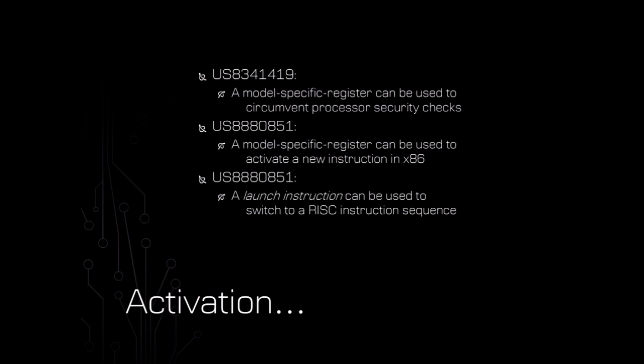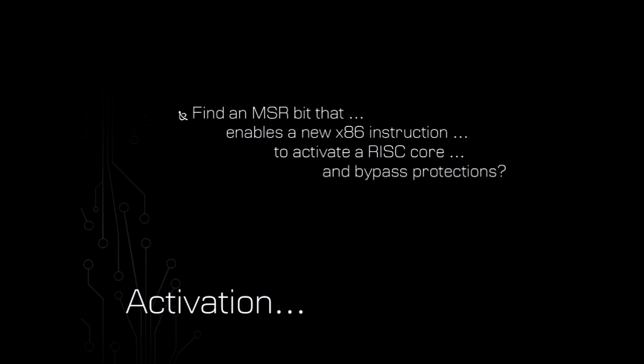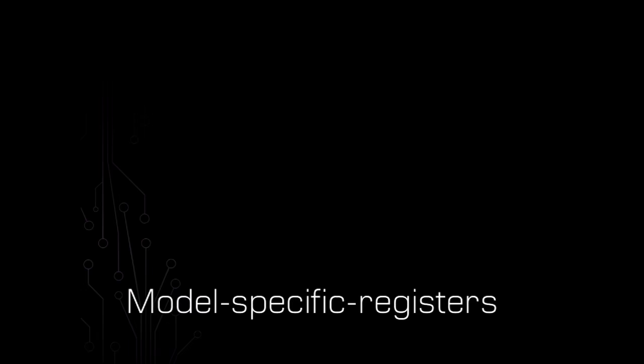And we've got a third patent that suggests that a launch instruction can be used to switch to a RISC instruction sequence. So if you put these 3 things together and fill in the gaps, it sounds like there's some model-specific register bit that enables a new x86 instruction that activates a RISC core that can bypass the processor security checks. So let's start with the first step in that chain, this model-specific register.